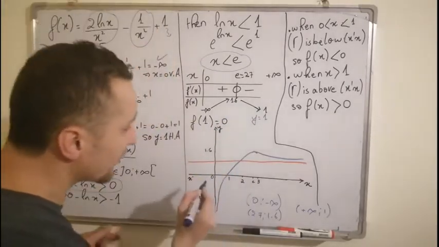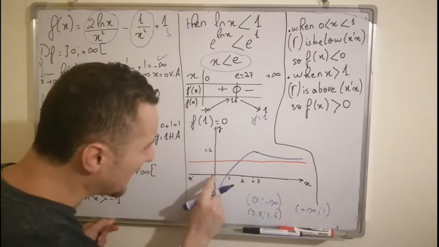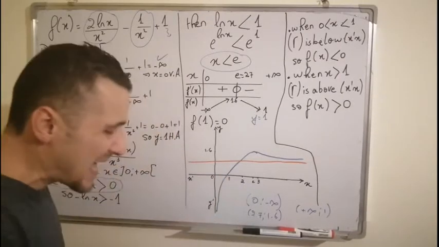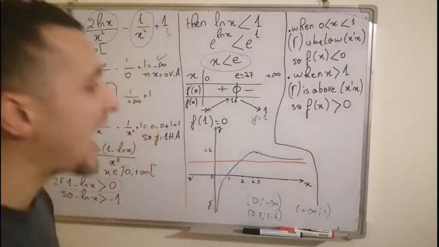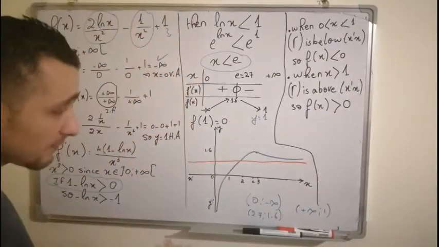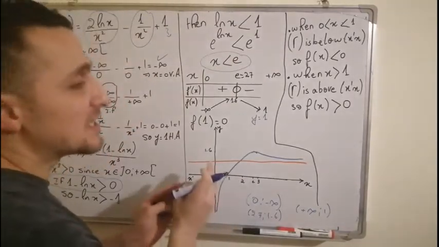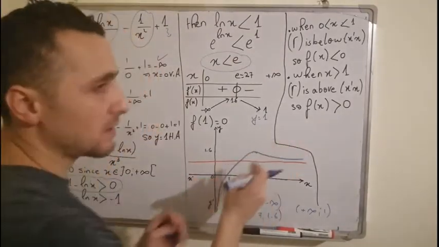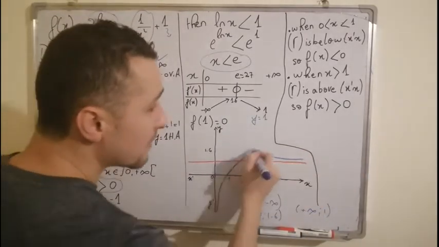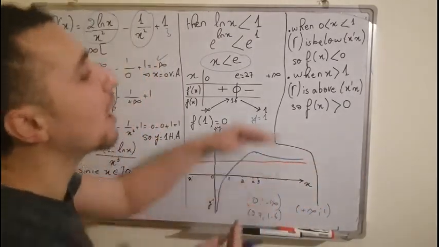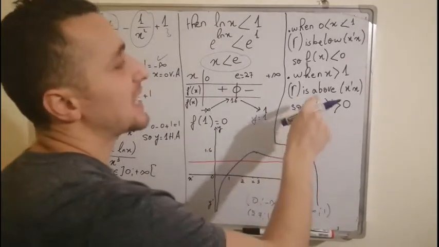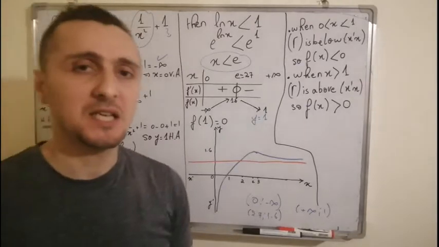We remark that when x belongs to 0, 1, the curve in blue is below the x-axis, so the function is negative. And when x is bigger than 1, in this region the curve in blue is above the x-axis, so f of x is positive in this region.